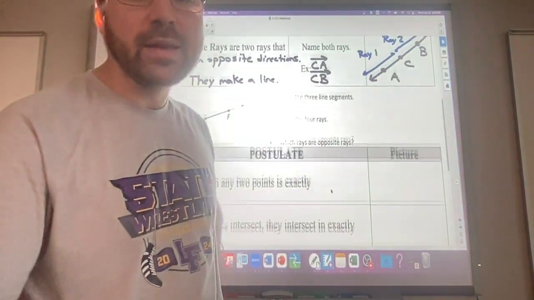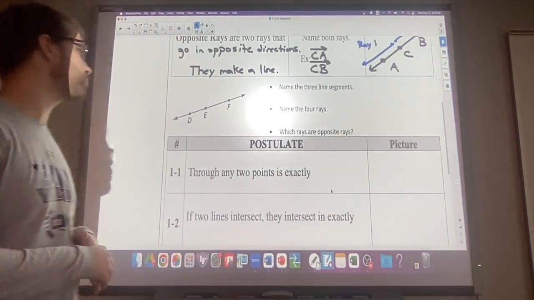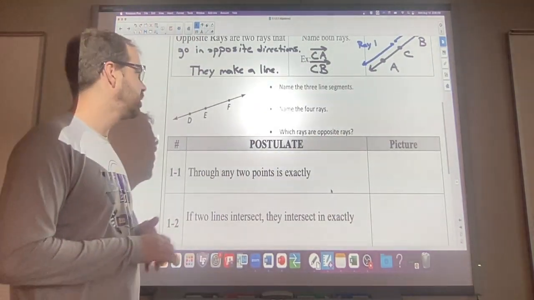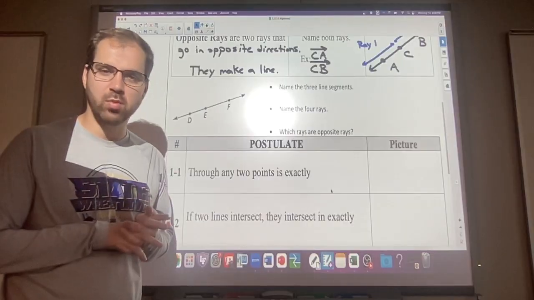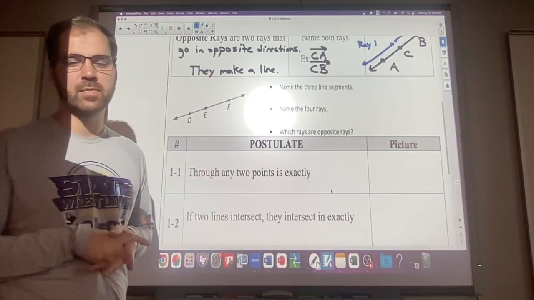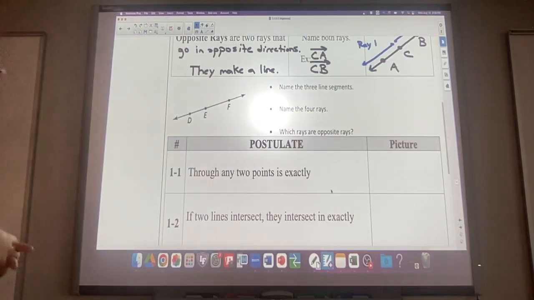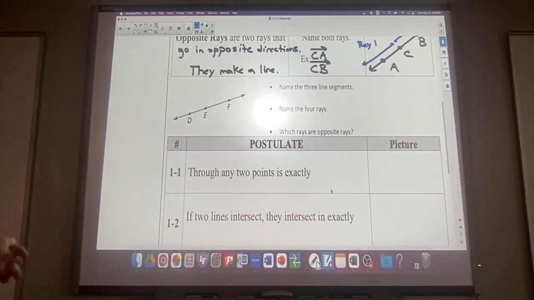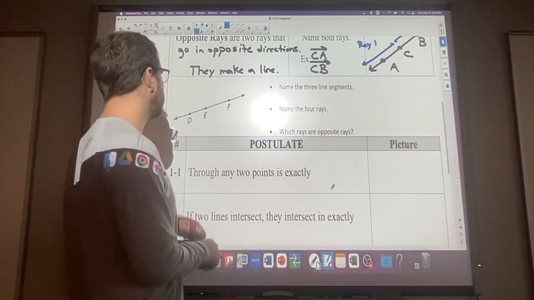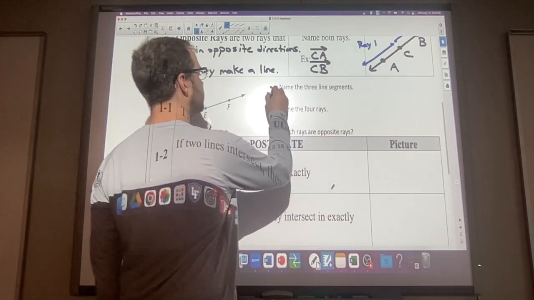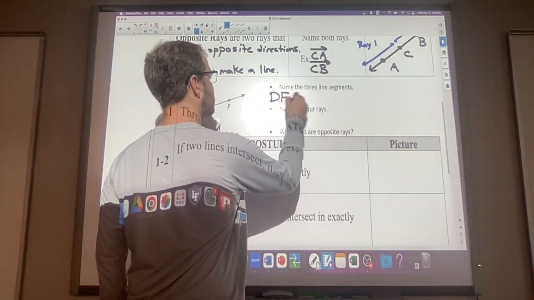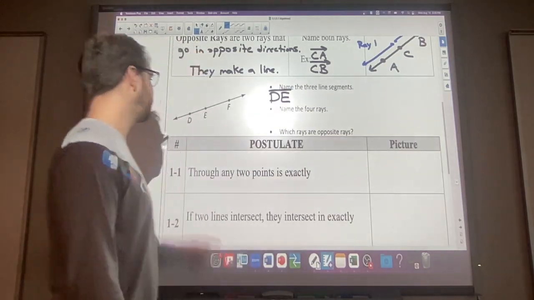Now, we need to name 3 line segments. You might say, why only see 2 line segments? Well, there is a third one. I'll give you a second, name as many as you can, and we'll go through it. We got the first one here, DE, and you need to label it correctly, so make sure you use a segment symbol.